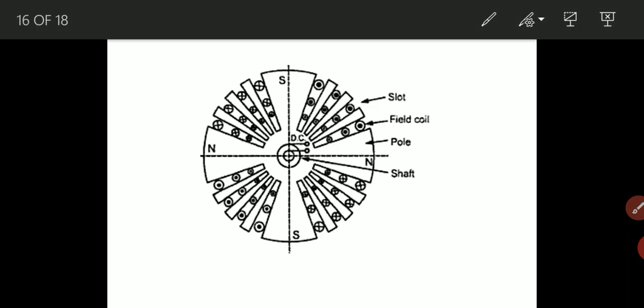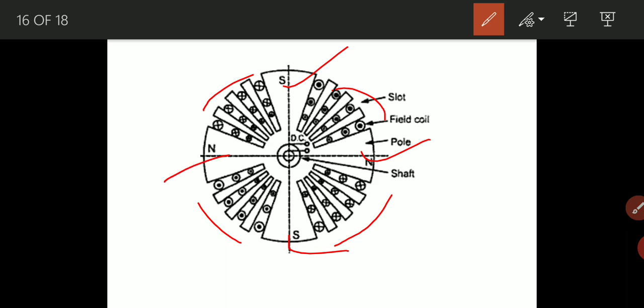In the cylindrical type you see slots provided between the poles. These are the poles, and in the slots field coils are mounted.